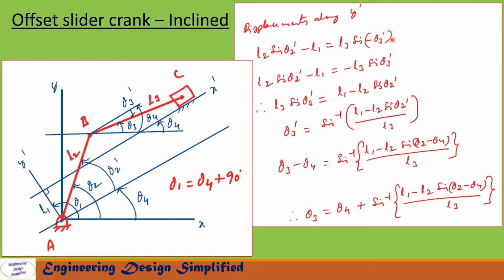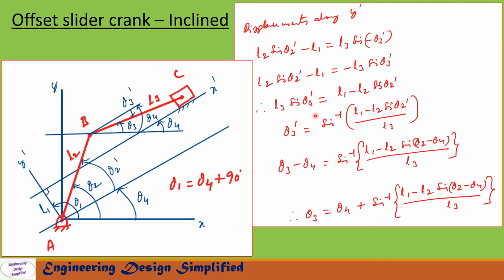Theta 3 prime is taken in the clockwise direction, so negative. So from this we write L2 sin theta 2 prime minus L1 equals minus L3 sin theta 3 prime, since sin of minus theta 3 prime is minus sin theta 3 prime.